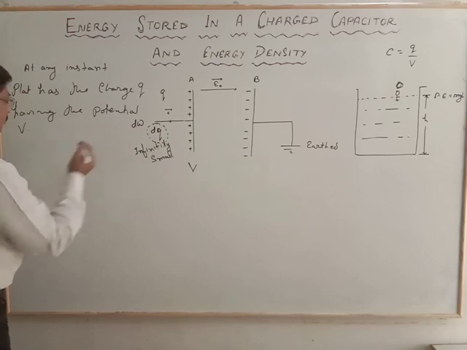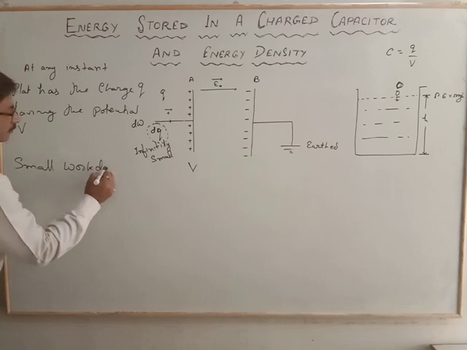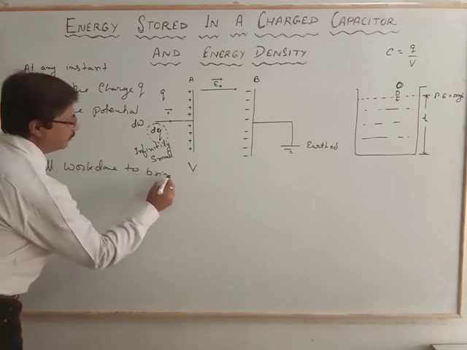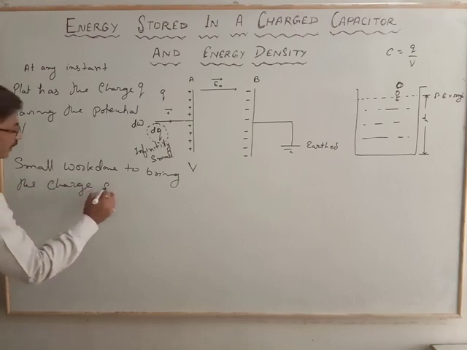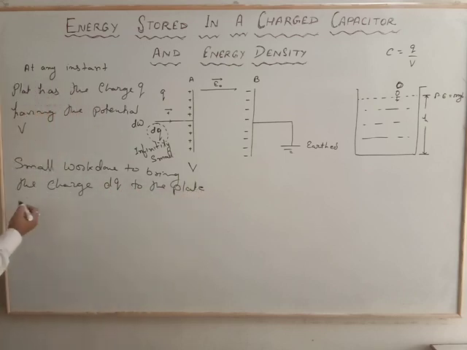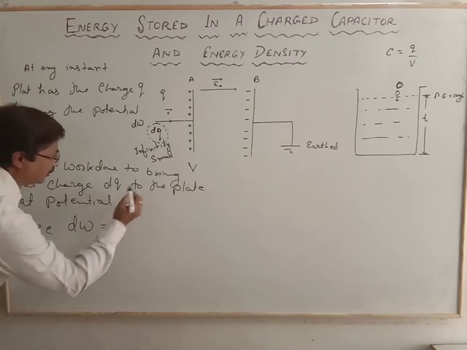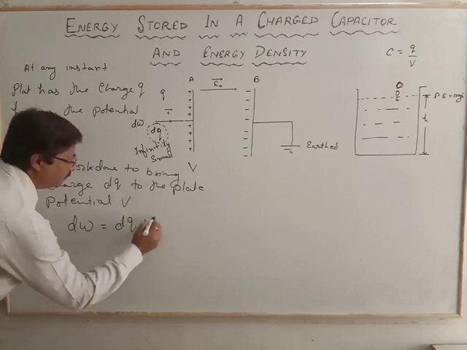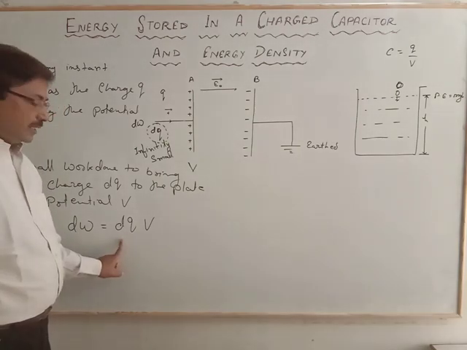Now, the small work done to bring the charge dq to the plate at potential V is dW, that is dW is equal to dq into V. Potential here we consider as a constant, and dq is the charge.